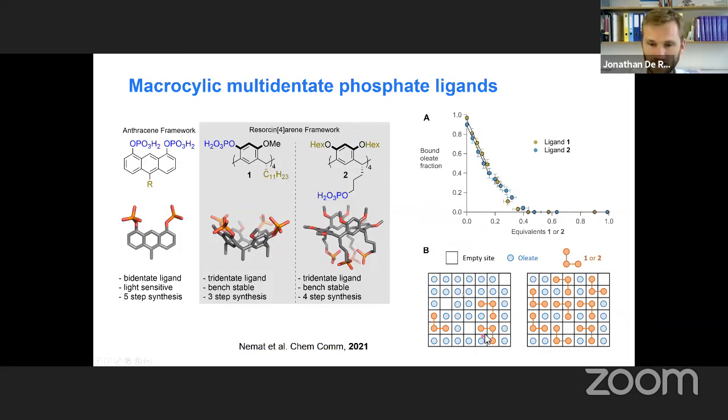At low surface densities, every new tridentate ligand that can come in binds and displaces all the other ones. No problem. But on a much more crowded surface, it's much harder for this tridentate ligand. It has to find a place where there are 3 binding sites available for exchange that are close to each other.